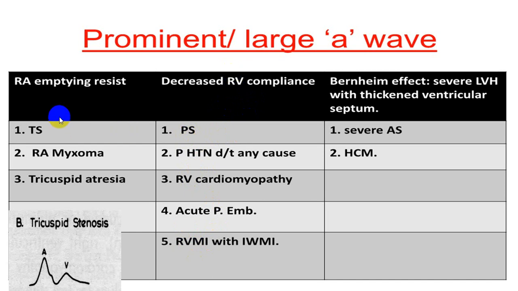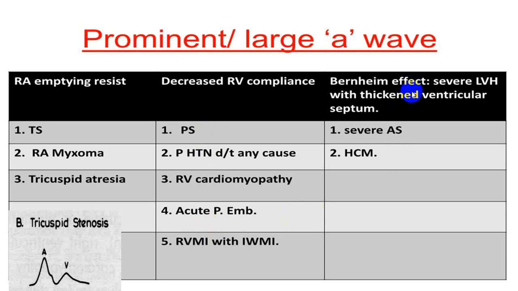If they ask you anything else, then only try to utter these conditions. These are all because of right ventricle and pulmonary hypertension groups. So pulmonary stenosis, pulmonary hypertension, RV cardiomyopathy, acute pulmonary embolism will produce sharp elevation of blood pressure in the pulmonary artery, and occasionally RVMI. So these will be those conditions.